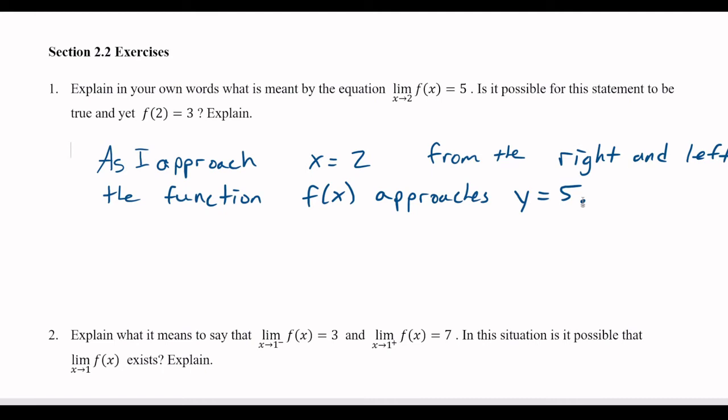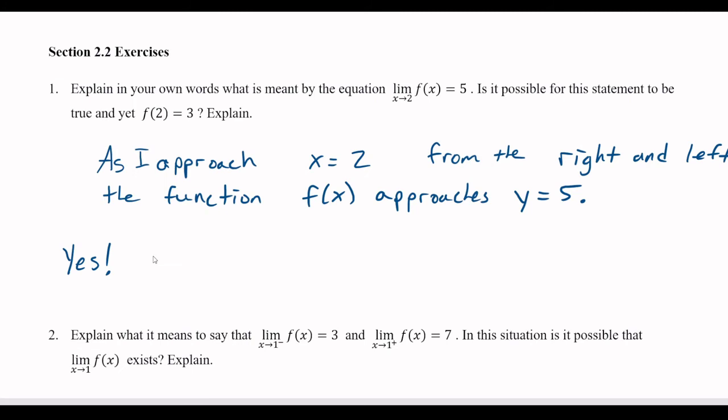Part two, is it possible for the statement to be true, f of 2 equals 3, and that above statement, the limit? Yes. So remember, what's that one little tricky thing I had said above?